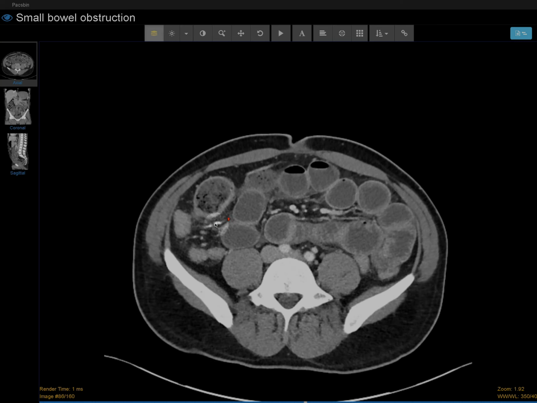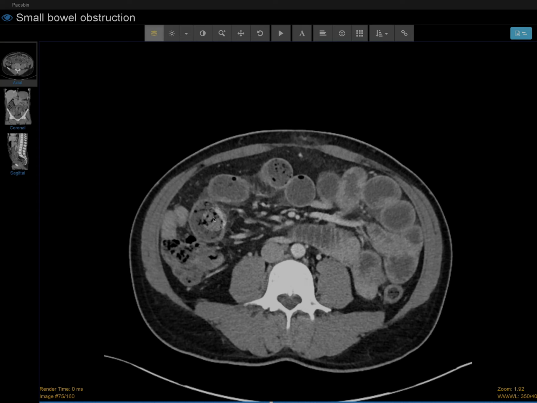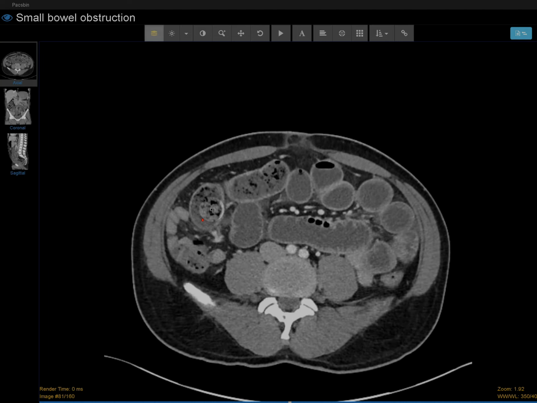The other thing that can also help is that just by looking at it, I'm not 100% sure if that's a colon or a small bowel loop. If it's a colon, having feces in the colon is okay, but if it's a small bowel loop and there's feces in there, what it's telling me is that there's probably obstruction more downstream from it, so that there's stasis of the fecal material or enteric content in the small bowel, and that's why you have fecalization of the content.